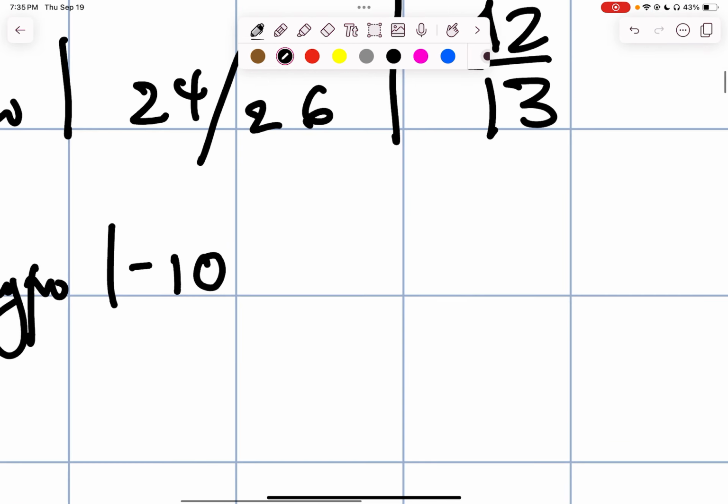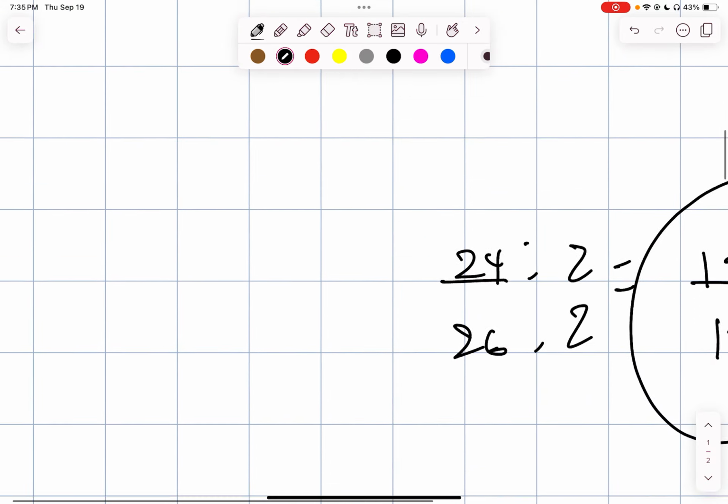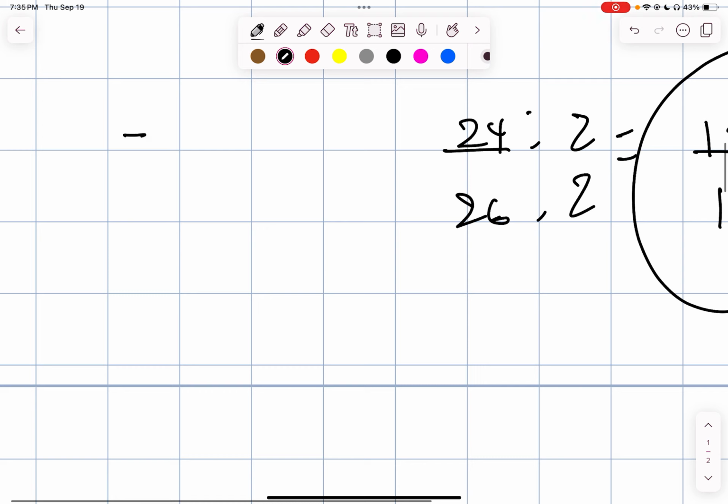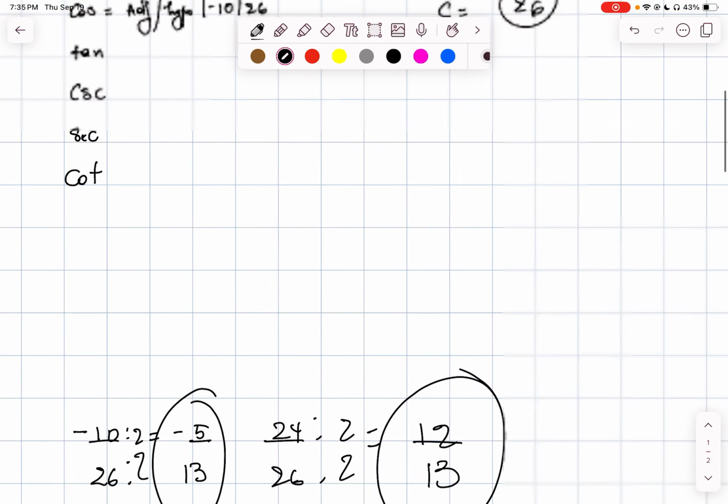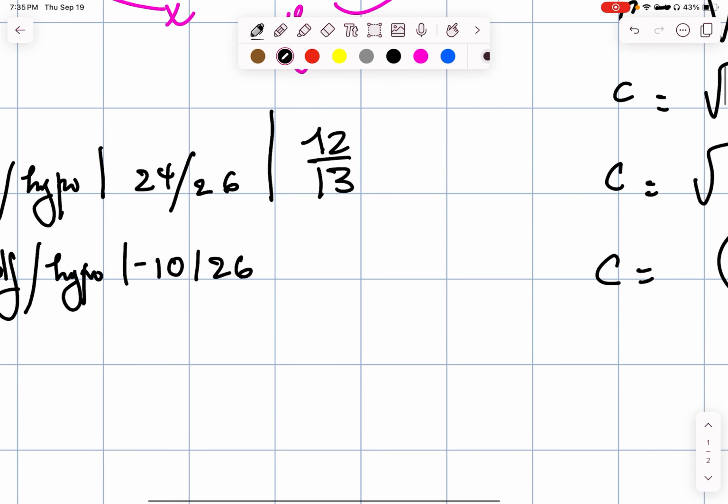So -10 divided by 26. -10 and 26 can be further simplified by dividing by 2, which gives -5 over 13. -5 over 13 will be your cosine.